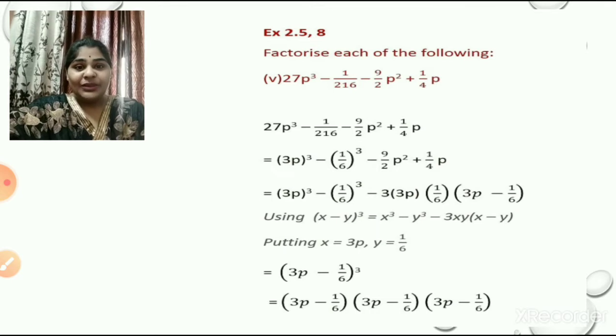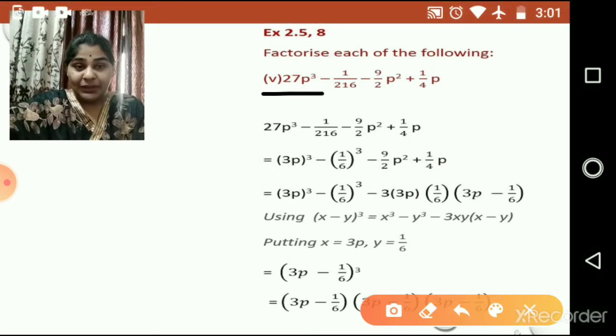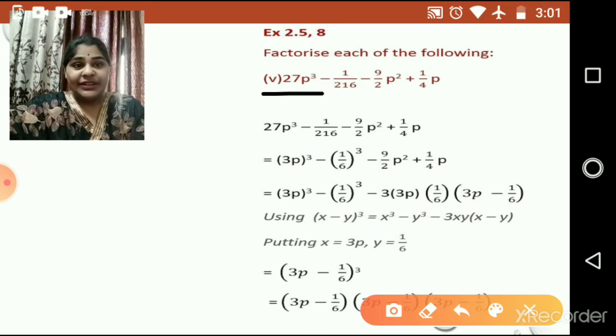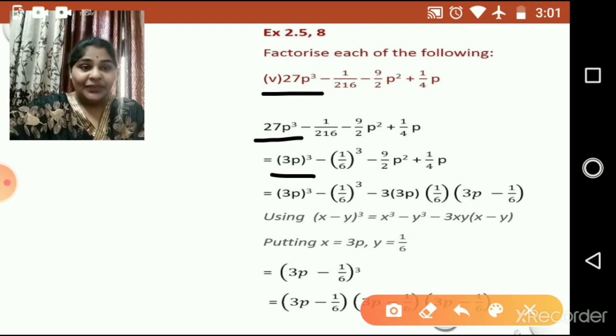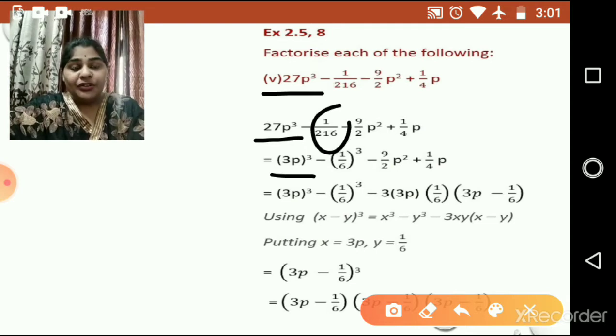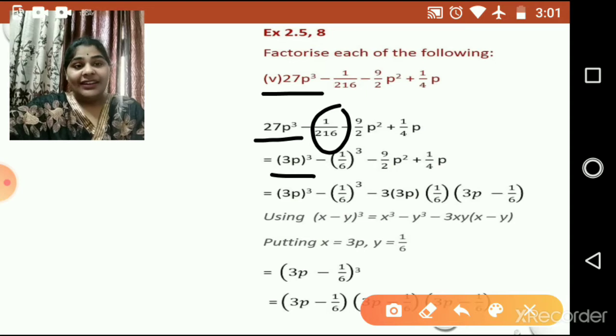So here again you can see, children, 27p cube, and 27 I know is a cube of 3, right? So this 27p cube I can write as (3p) whole cube. 1 upon 216 I can write as (1 upon 6) whole cube, minus sign as it is.